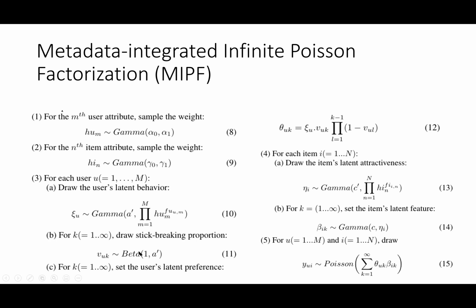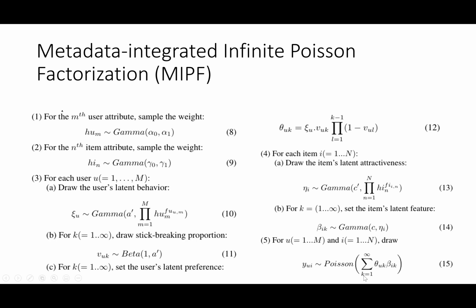Basically the stick breaking probability follows a beta distribution. And then the user's latent preference can be measured not only by their behavioral inference, but also by the stick breaking probability for the two parts, right? And this will be further incorporated into the Poisson factorization.